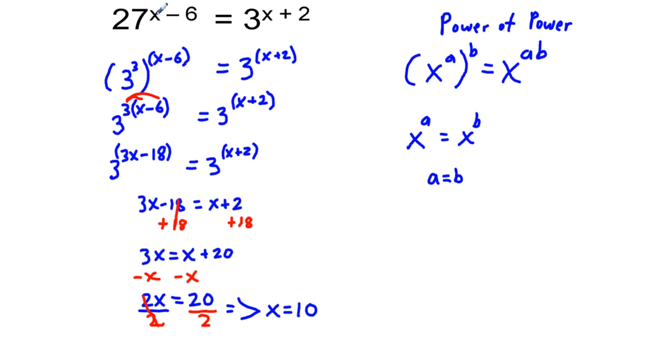If you plug into the equation, you have 27 to the 10 minus 6, which is 27 to the 4th, is going to be equal to 3 to the 12th. That's going to be hard to spot, so we're just going to take it as a correct answer.